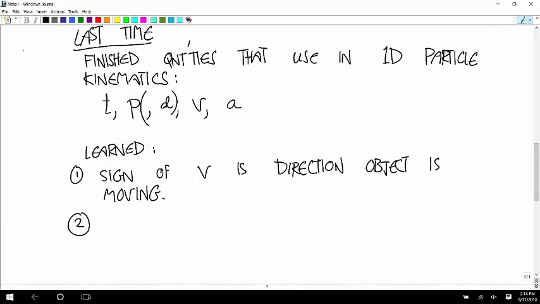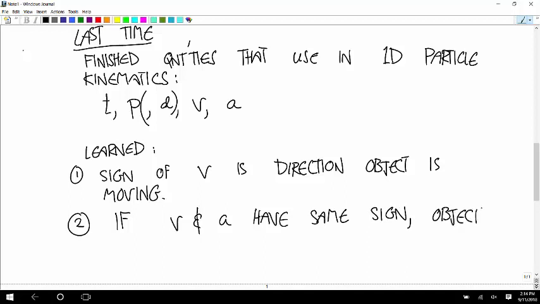And second, we learned that if velocity and acceleration have the same sign, the object is speeding up.